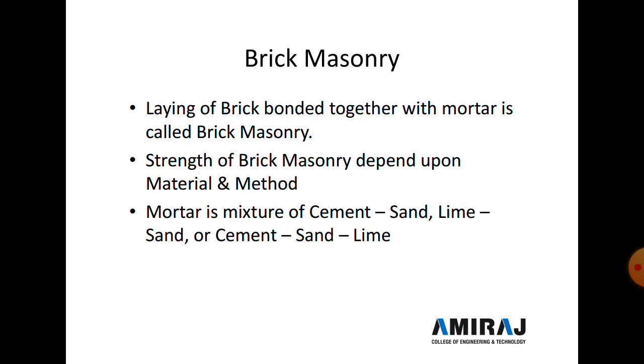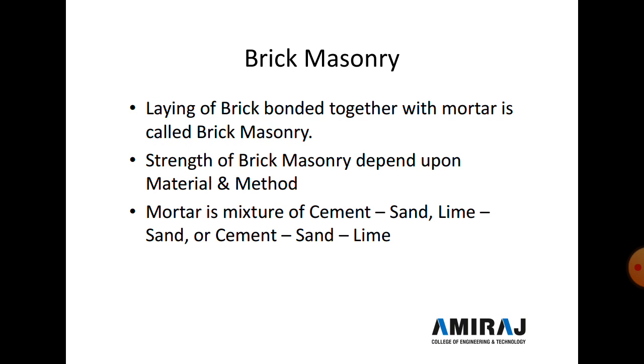So first of all, we discuss what is brick masonry. Brick masonry is the laying of bricks bonded together with a mortar. So what is laying of a brick? Laying of a brick is preparing one layer above another layer, and these layers are bonded with a mortar.